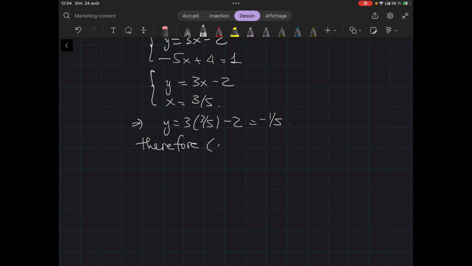So, therefore, x and y are 3 by 5 and negative 1 by 5, respectively. And that is question 5.